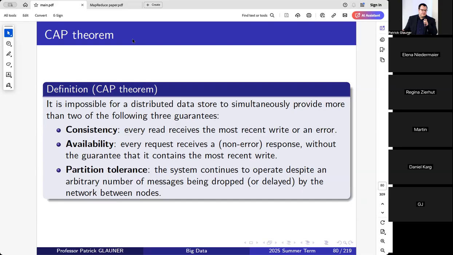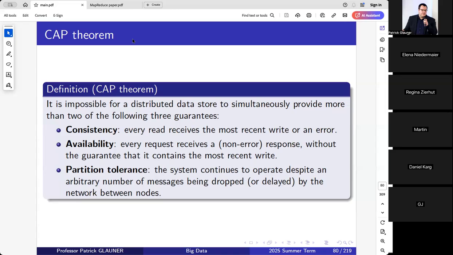Which guarantees would you pick if you run a very large bank and you want to allow payments in a network? Why consistency?